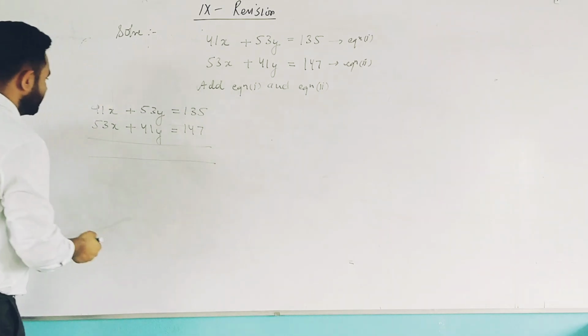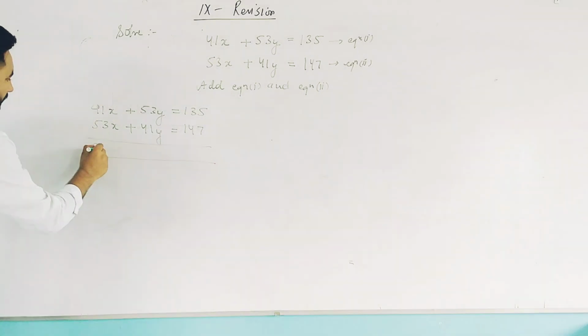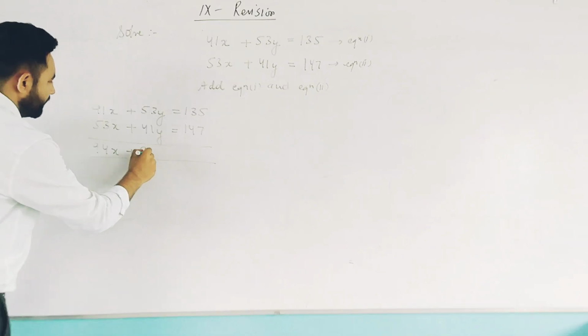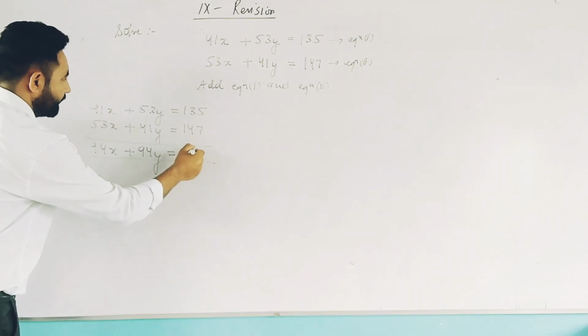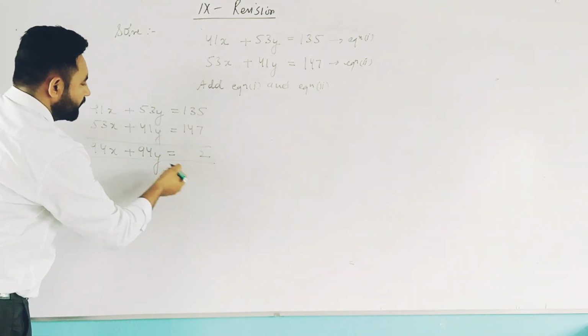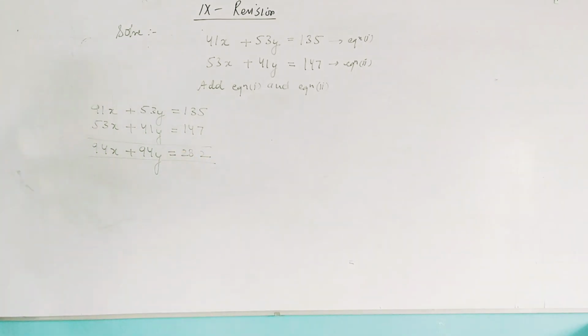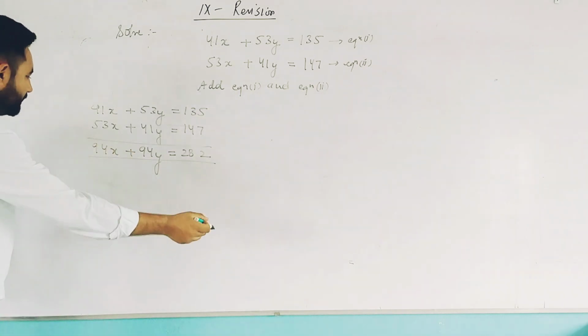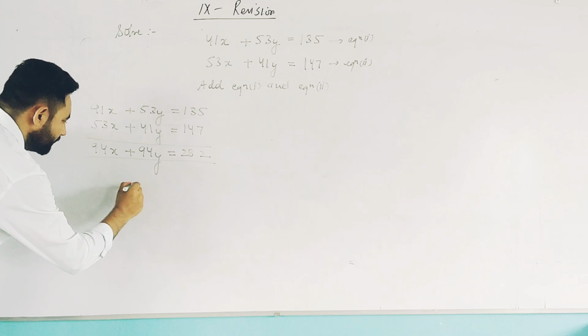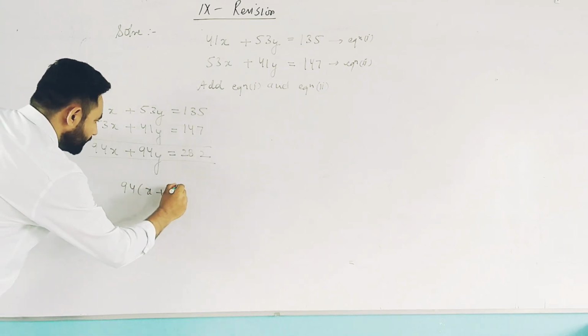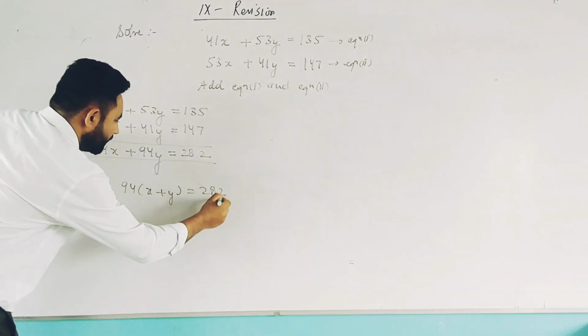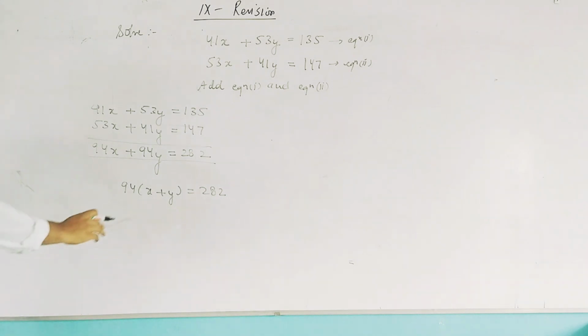Now on adding, we get 94x plus 94y equals to 282. So we can take 94 common here, and in brackets we will get x plus y, which is equal to 282.